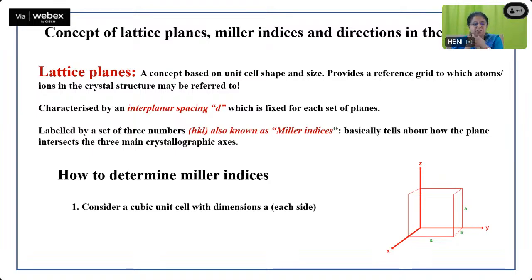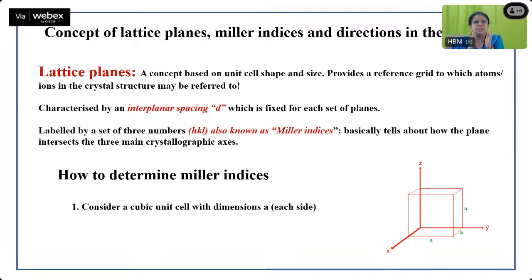The crystal structure doesn't really know that it has planes. It is a concept based on unit cell shape and size. For your convenience, you devise this concept of lattice plane so that you can assign the atoms to the lattice plane and then build the crystal structure according to it. That eases out how to view the structure.